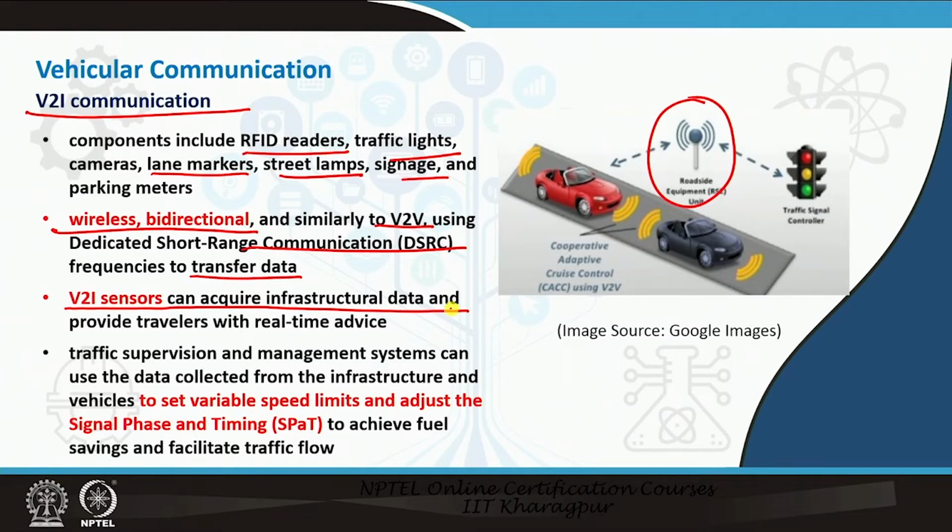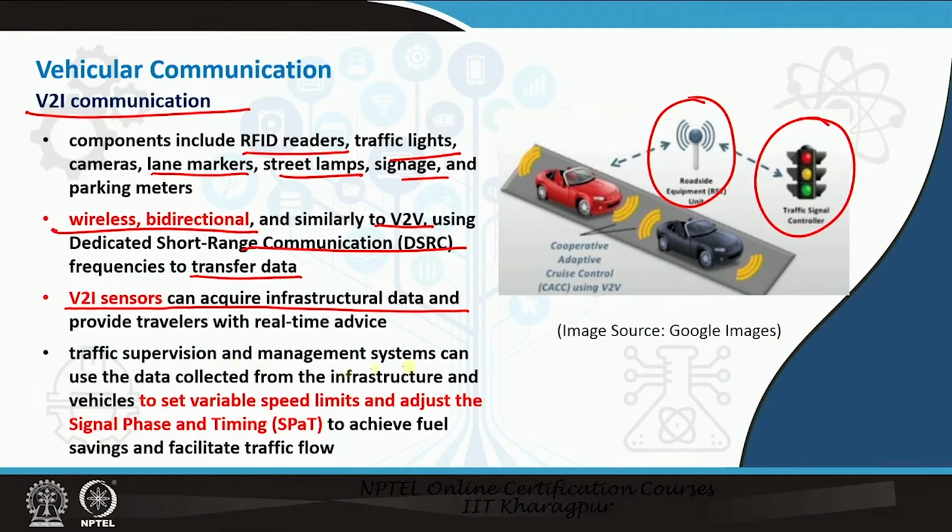Vehicle to infrastructure, the most prominent ones are your traffic signals that we have already discussed, how we can significantly reduce the presence of traffic police at a signalized intersection by using such ICT devices.